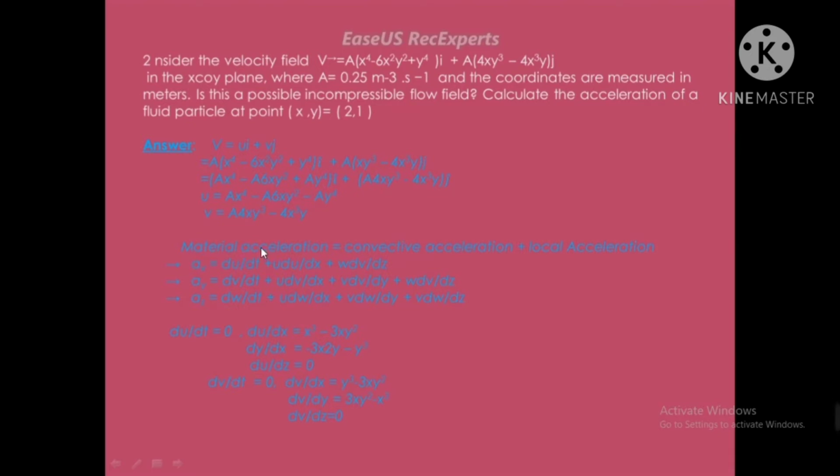We know that the material acceleration equals convective acceleration plus local acceleration, where ax equal to du by dt plus u du by dx plus v du by dy plus w du by dz. Similarly, we get the values of ay and az.